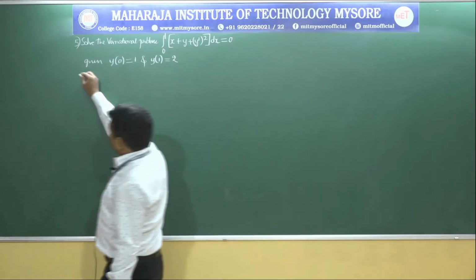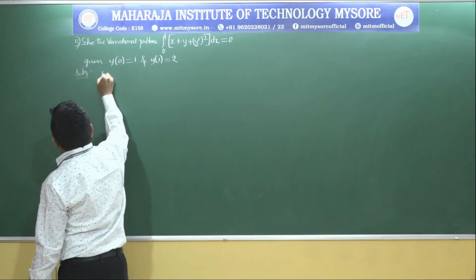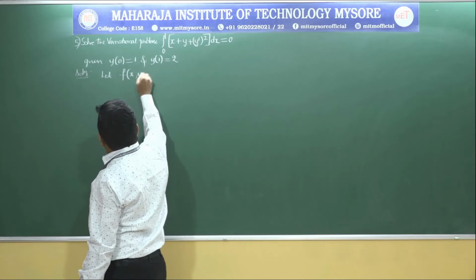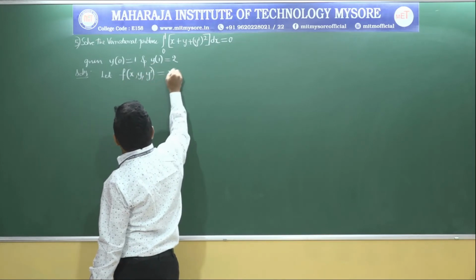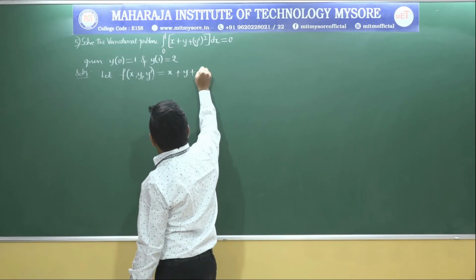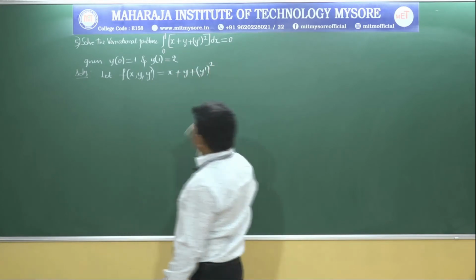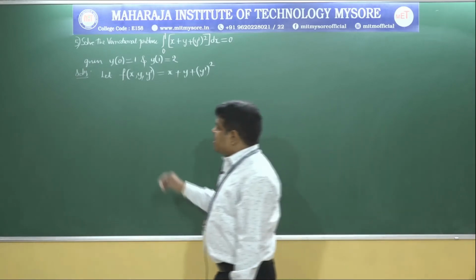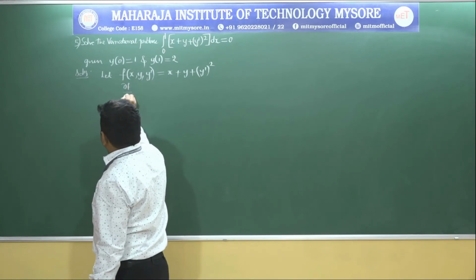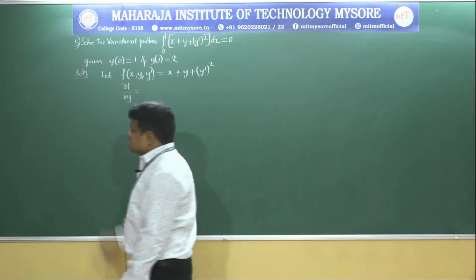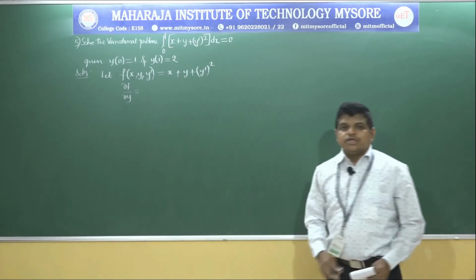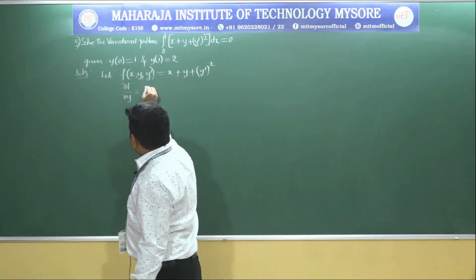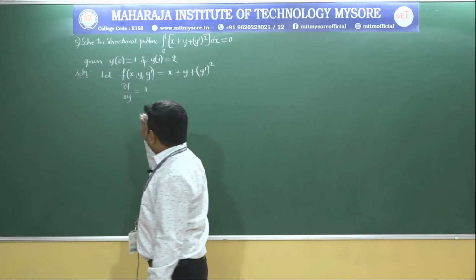Okay, next, the solution of this problem. Let f of x comma y dash equals x plus y dash whole square. Next, partially differentiating f with respect to y, that is dou f by dou y: since when you are partially differentiating with respect to y, x and y dash are constant, the first term becomes 0, and the second term becomes 1.